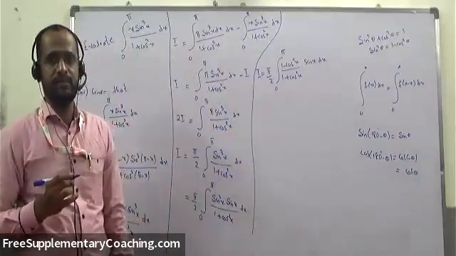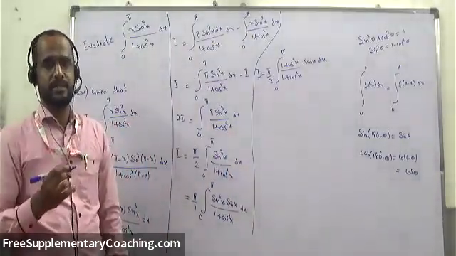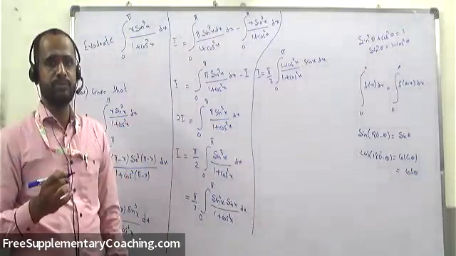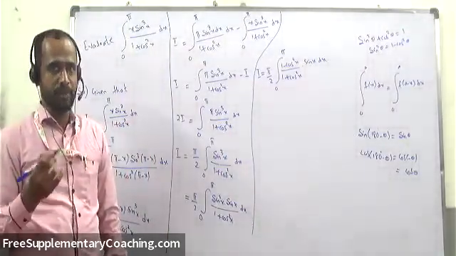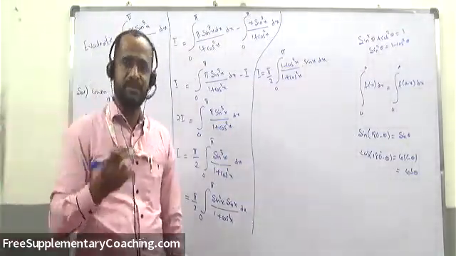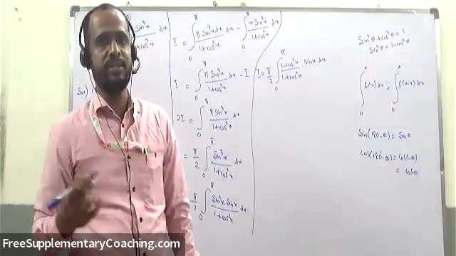See how I have written the entire term. I is equal to pi by 2 integration 0 to pi, 1 minus cos square x divided by 1 plus cos square x into sin x dx.